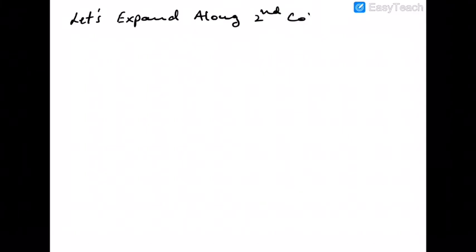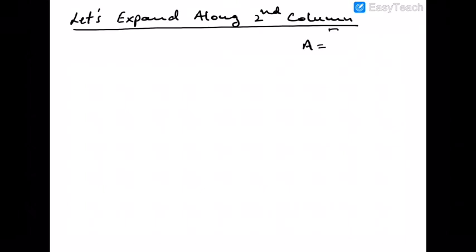Similarly, we can expand the same matrix along any column. So let's take the second column, and the matrix A is equal to 1 2 3 4 1 1 2 2 1, and the elements of the second column are 2 1 2.